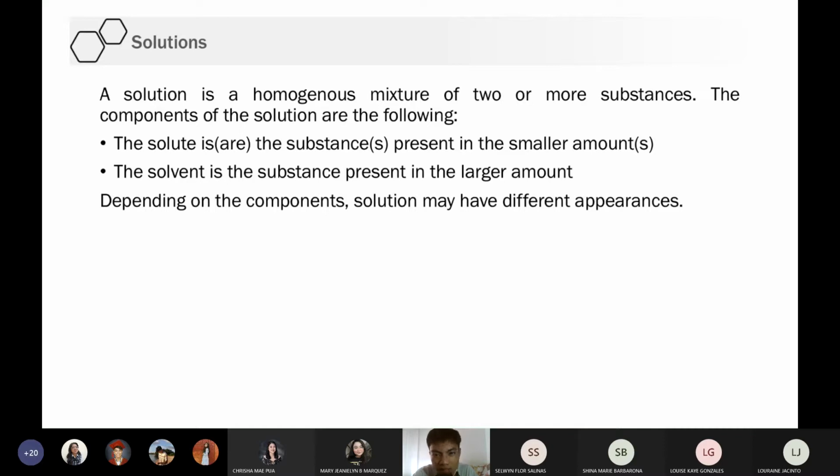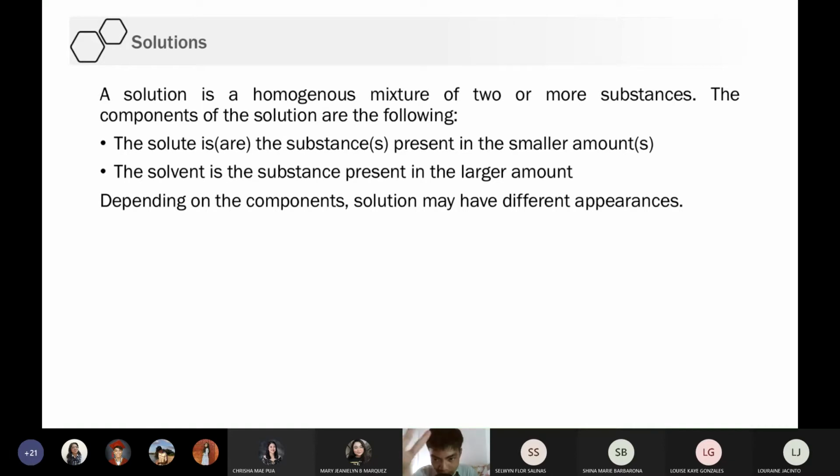So let's say around 10 grams, 20 grams of that. Since the powder is less compared to the water, then we say that the powder is the solute, and the water is the solvent. And then by mixing them, you prepare your solution. So that is how a solution is. Okay?